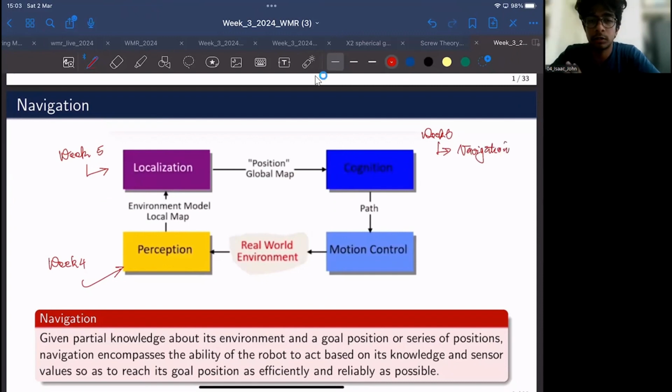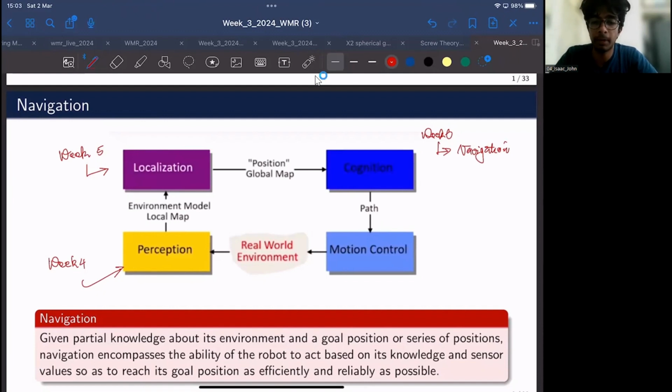So based on what the robot perceives using the sensors, it will create a model of its own environment. Using the information from what it has perceived and whatever it has learned from its odometry, fusing all these together, the robot will be able to localize itself on a map.